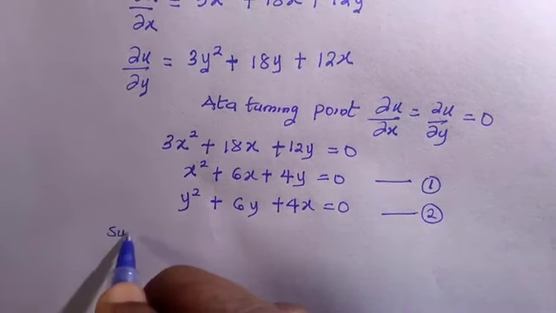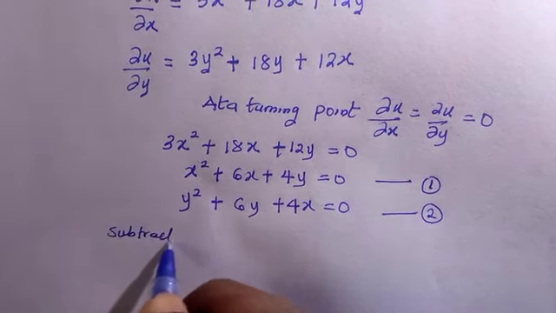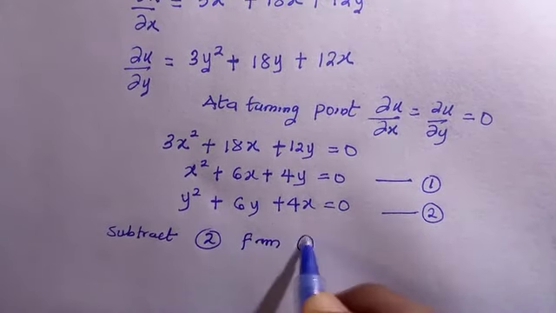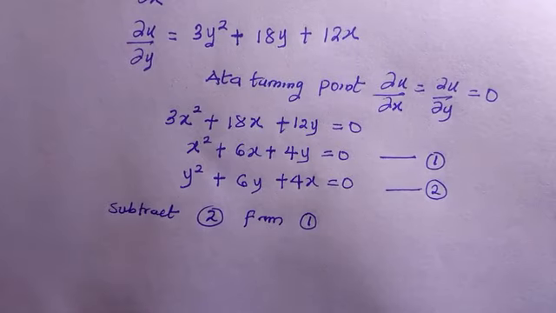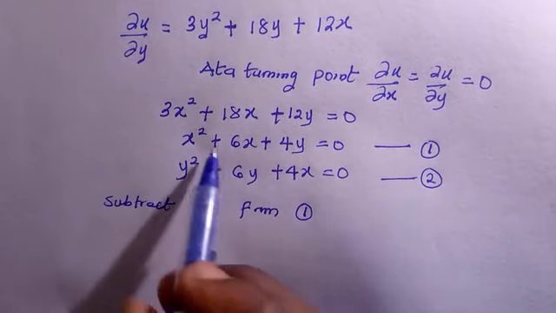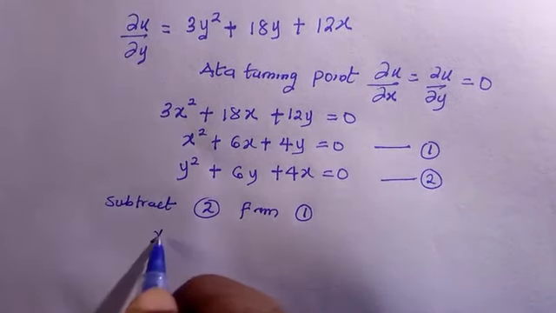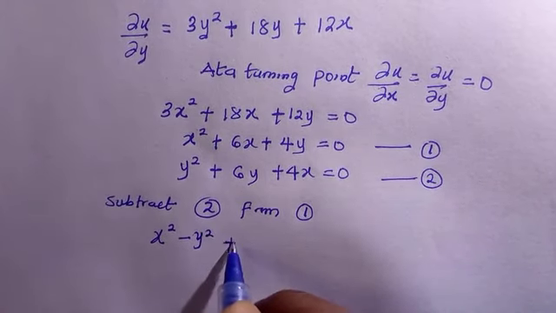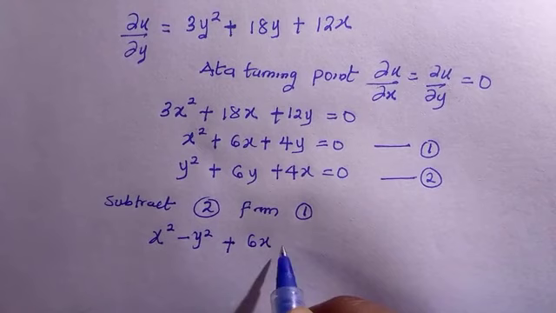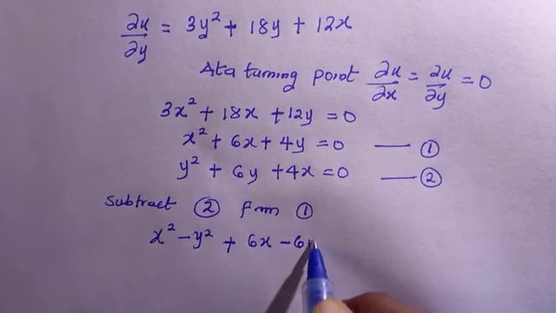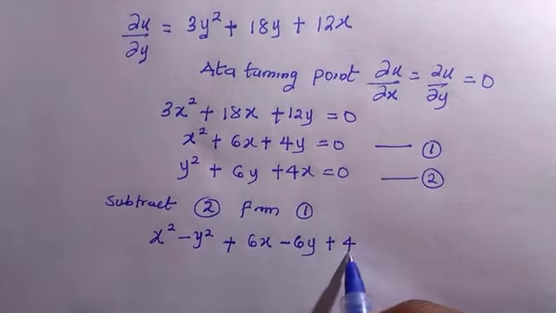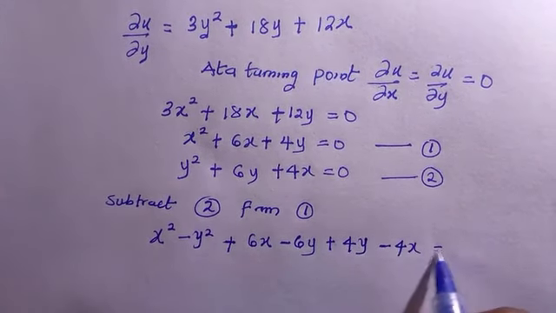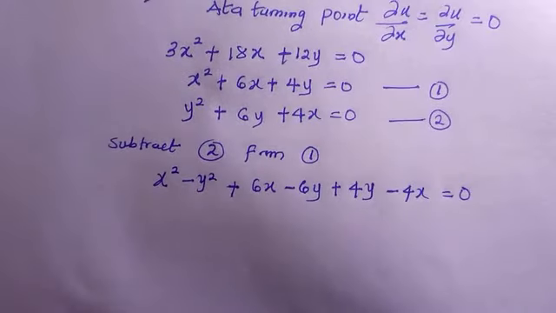At this point, it looks like a simultaneous equation, but if you start substituting, we cannot get it, so the best thing to do is subtract equation 2 from equation 1. The first term, x raised to power 2, we subtract y squared from it, and the second one, plus 6x, we subtract 6y from it, and we still have 4y minus 4x, everything equals 0.